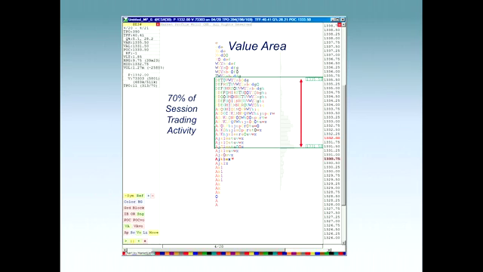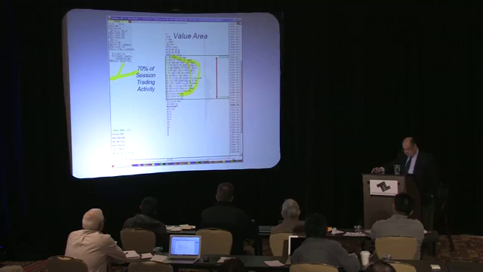If you remember from our normal distribution, this is the area where 70% of the activity took place during that 24-hour period. 70% of my activity right here. There's the value area high, and there's my value area low.